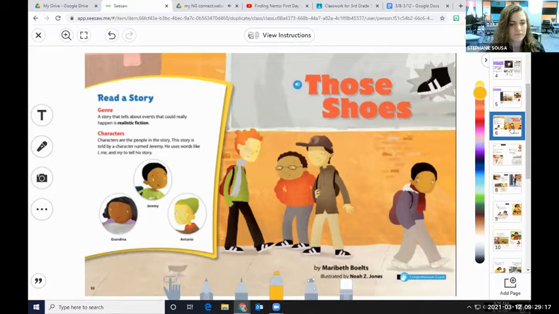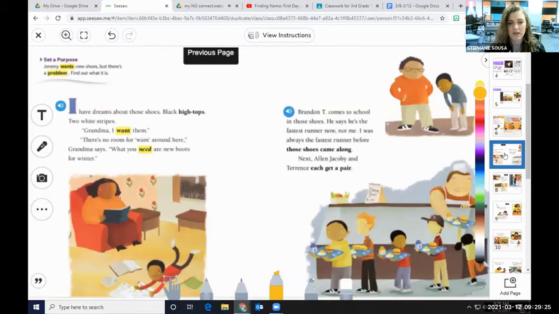He uses words like I, me, and my to tell his story. Next page, page 7. Dreams about those shoes. Black high tops, two white stripes. Grandma, I want them. There's no room for want around here, Grandma says. What you need are new boots for winter.